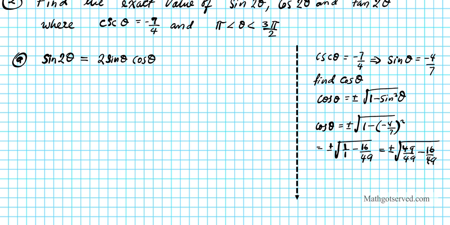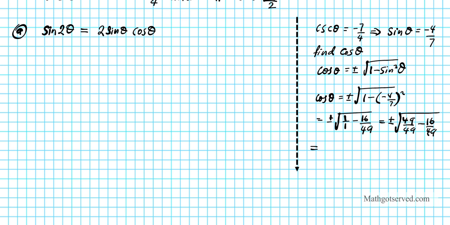When we subtract the numerators, we will have plus or minus the square root of 33 over 49. Separating them, we'll have plus or minus the square root of 33 over 7. 33 breaks down into 3 times 11, hence it cannot be reduced because no factor repeats.